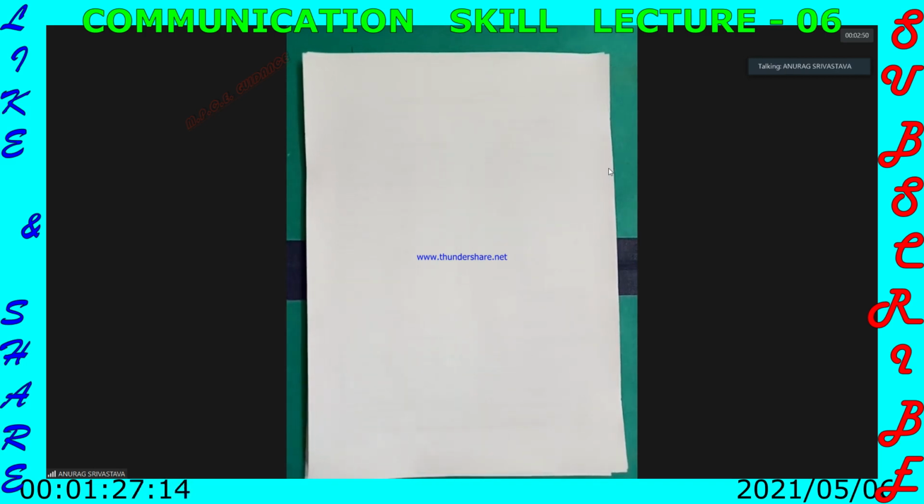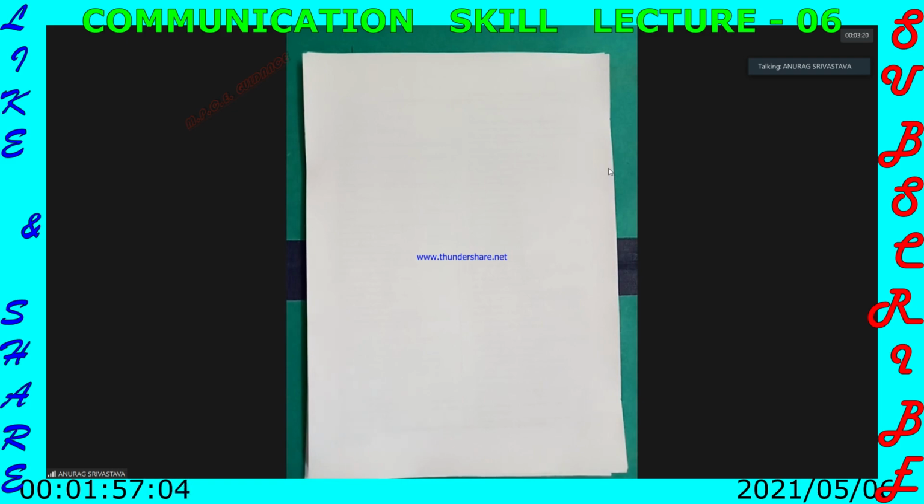So last day we discussed past continuous tense, है ना? Today we will discuss past perfect tense. The past continuous tense is generally used to show those types of actions which were in progress in the past.